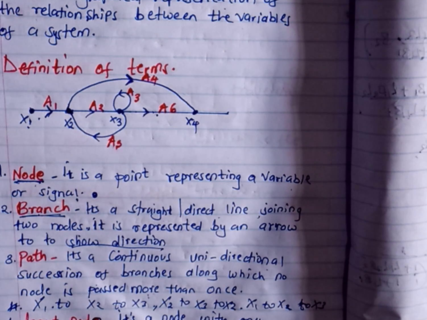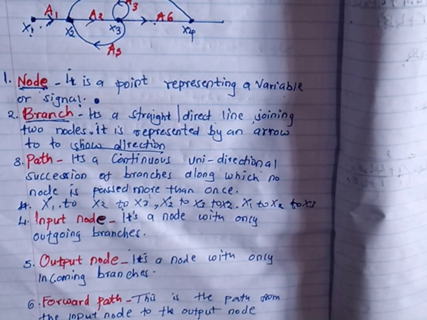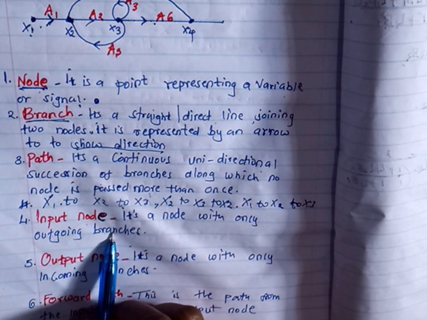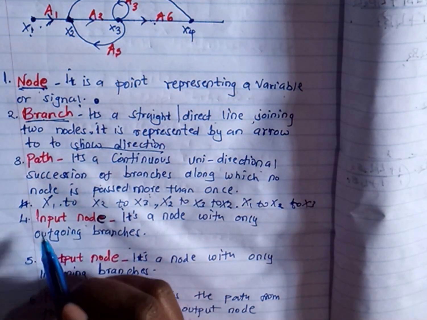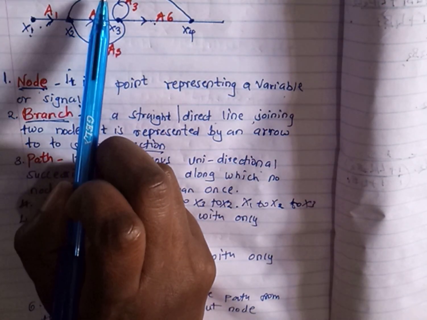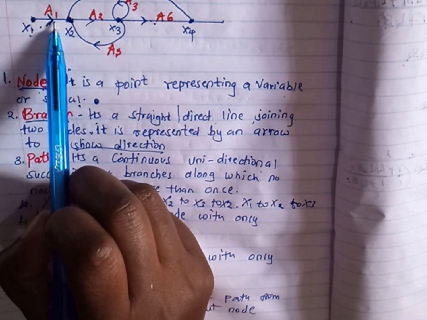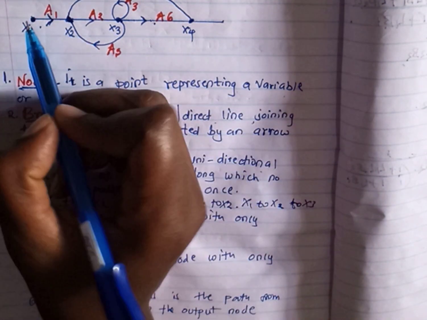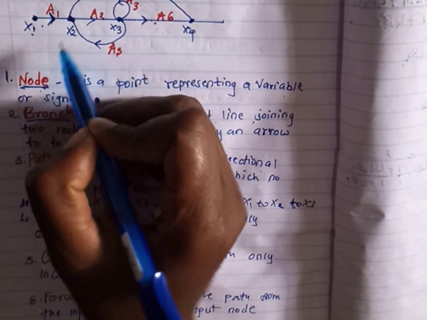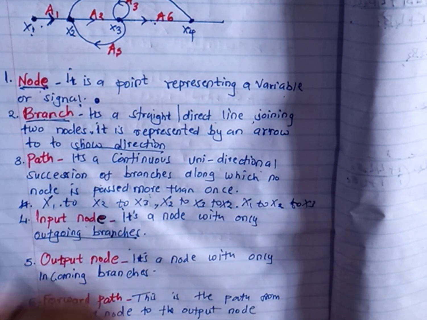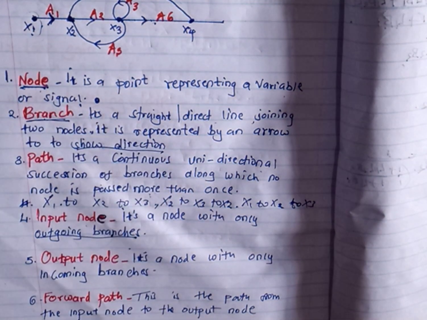The next term is the input node. It is a node with only outgoing branches. You can see from my diagram that all the branches are coming out of x1.